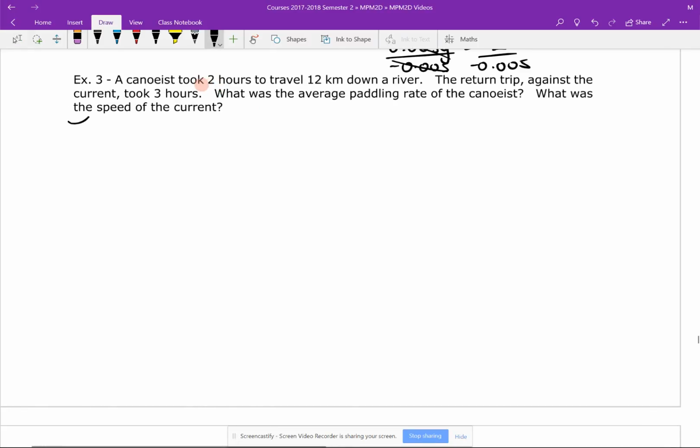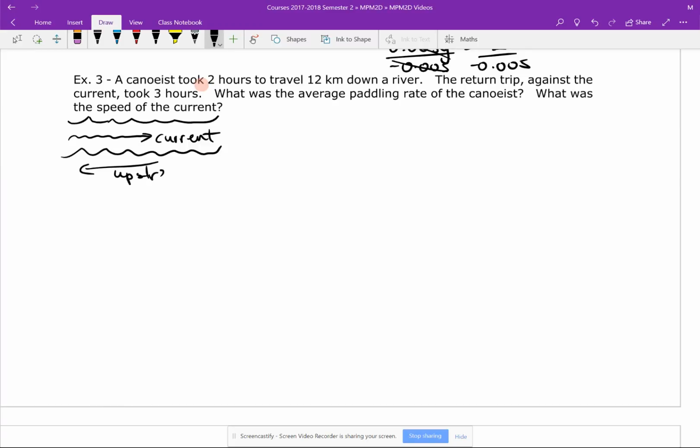So I'm going to have a river, and here, okay, there's my river, and let's say the current is going this way. So that's my current. Okay, and so if you are swimming upstream, you're going this way.